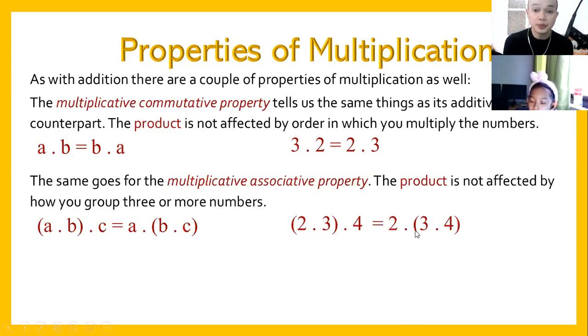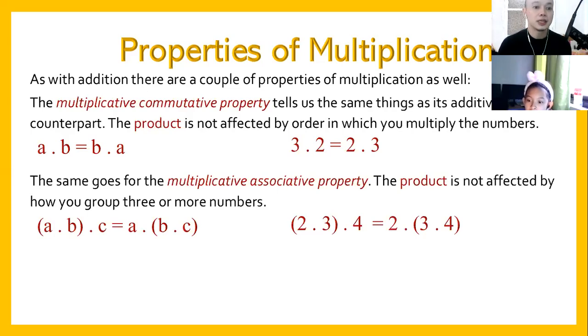So 12 times 2. What is 12 times 2? You just double. Yes, 24. So you see the product on the left side is the same as the product on the right side. That's because of the multiplicative associative property.